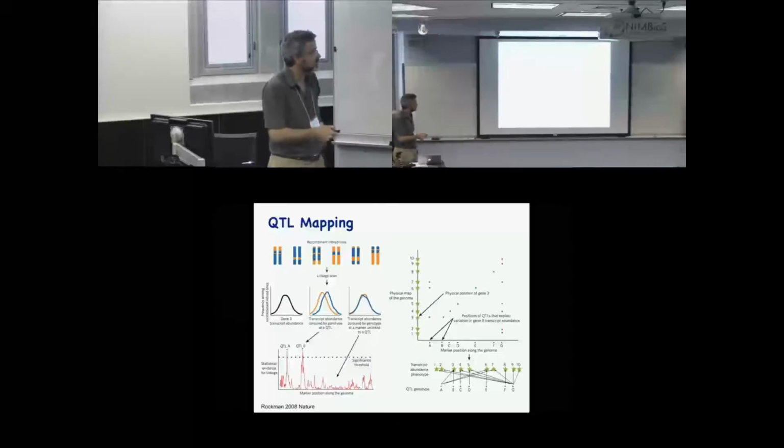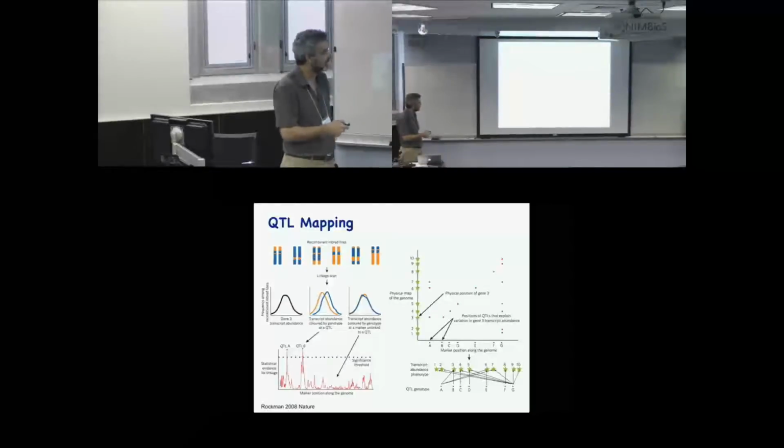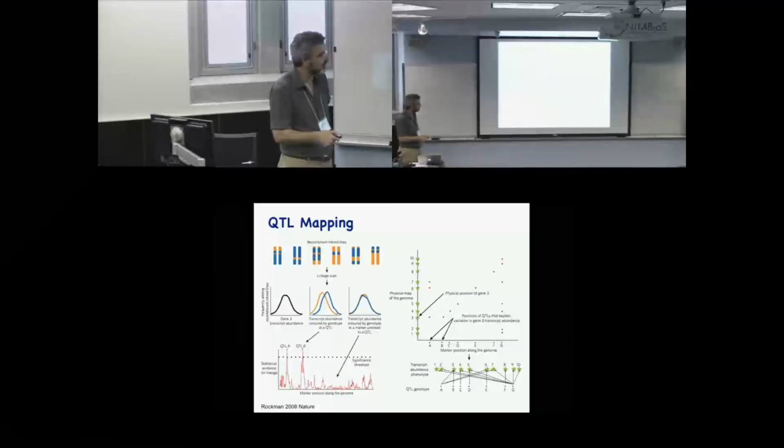If you do this on one trait and then another trait and then another trait, over time, if we have all these gene locations down here, we can build up a little map of every transcript, which is related to a gene that's in the genome. So we can say, where is that gene expressed? And then where does it map to in terms of an important QTL?